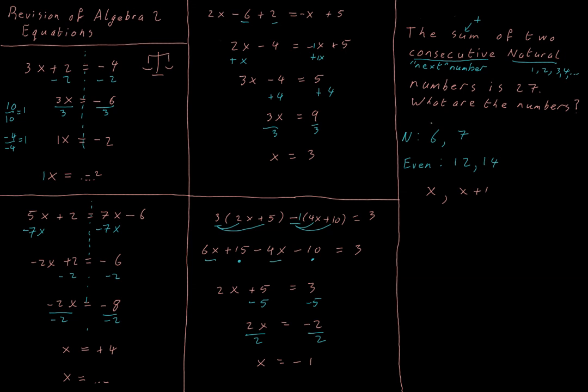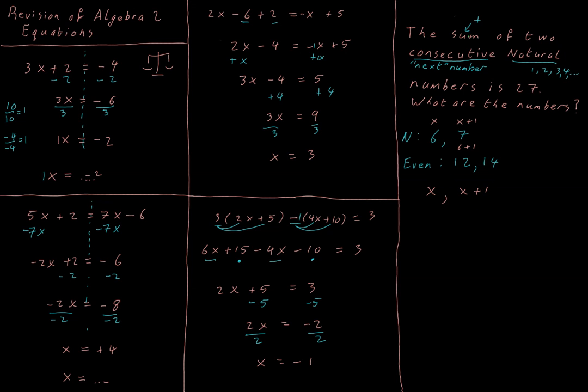Because with our natural numbers, if we started off at x, 6, and then 6 plus 1 is 7. So x plus 1. So now I know my two numbers. And this is a very important thing to be able to get for more Englishy type questions, which is where the exams really are going. So we need to be able to interpret this type of language.